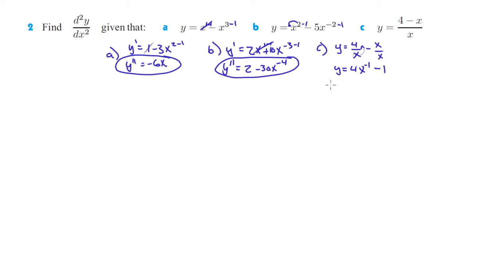So now we've got to take the derivative. So y prime is negative 1 times 4 is negative 4x. Subtract 1 from that, that's negative 2. Derivative of the constant is 0. So that's the first derivative. Now we've got to take the second derivative. Okay, negative 2 times negative 4 is 8. X to the negative third. Okay, so there's the derivative for C as well.